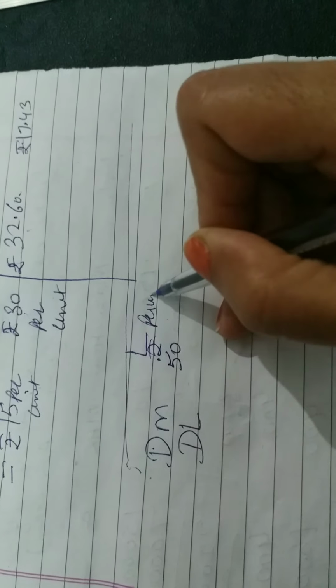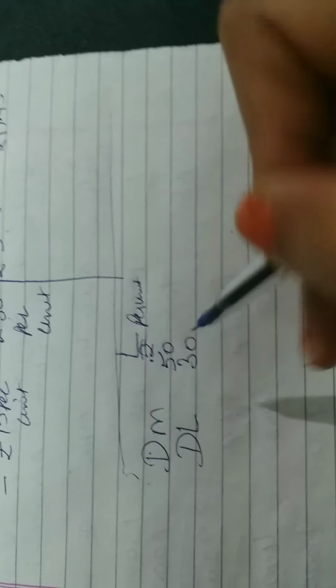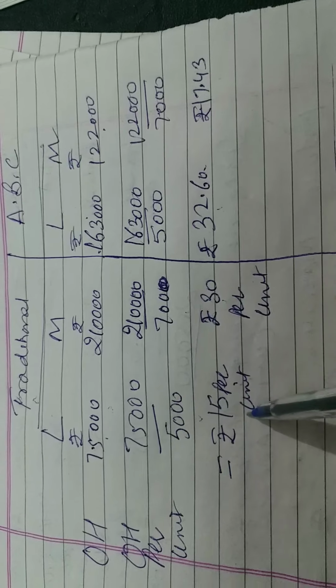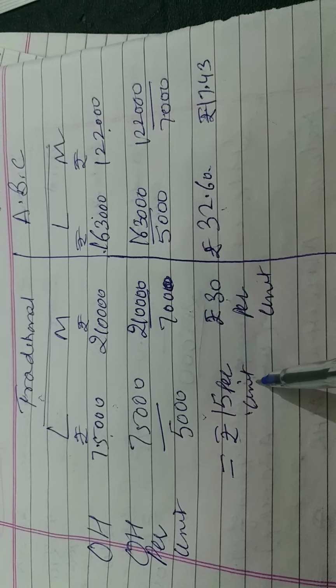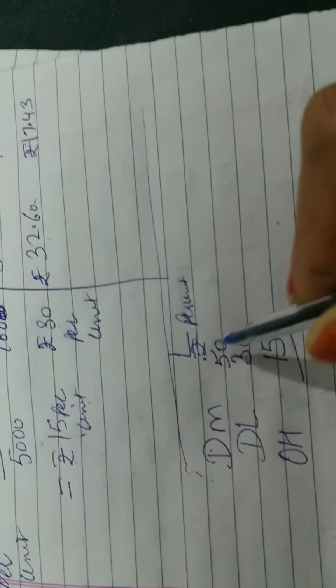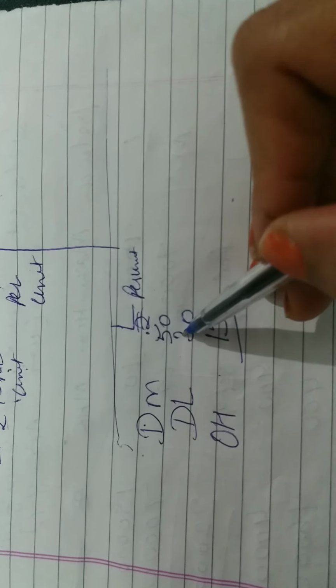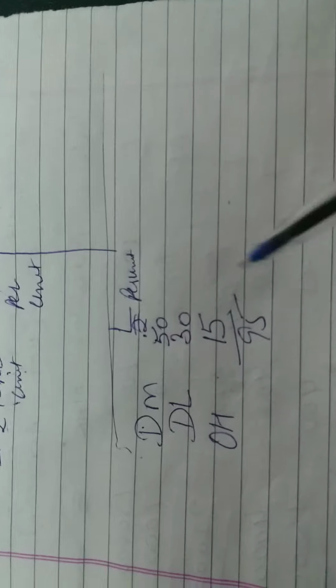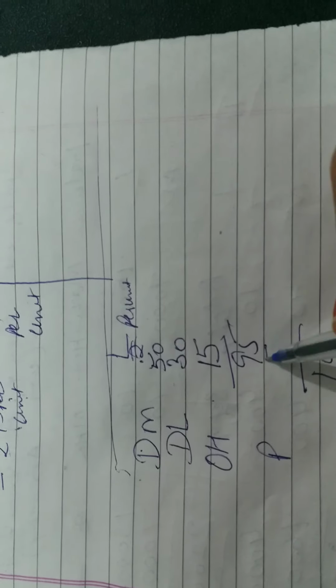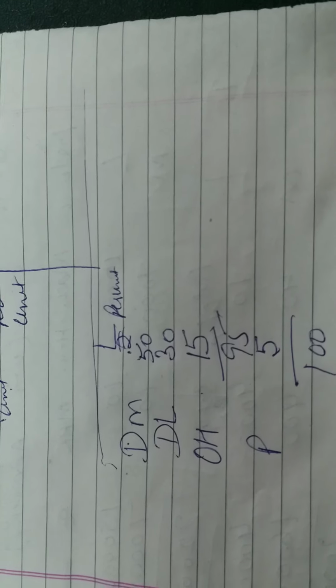I take it per unit and I assume direct labor is 30. And now over here traditional method says that per unit is 15 for the overheads, and overheads are charged at 15. Calculate the total. So 95. Suppose I sell it at 100 rupees and earn profit of rupees 5 per unit.